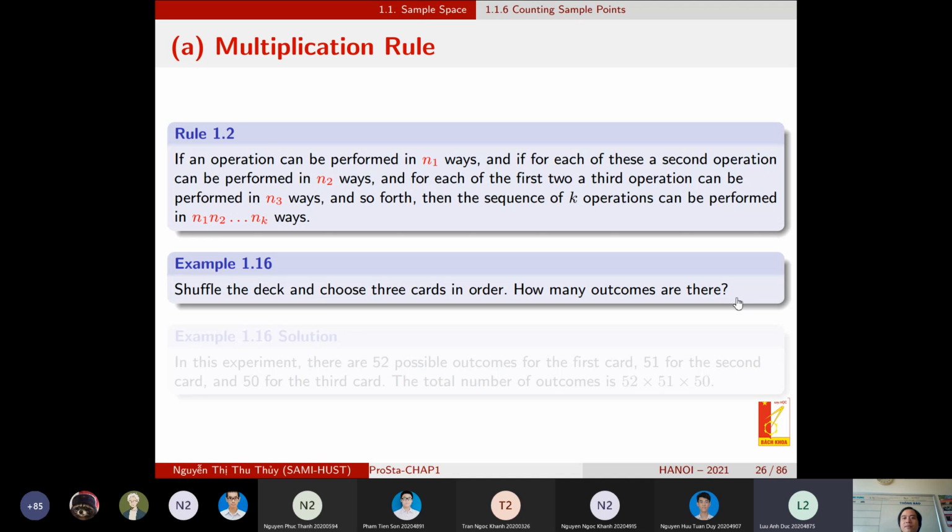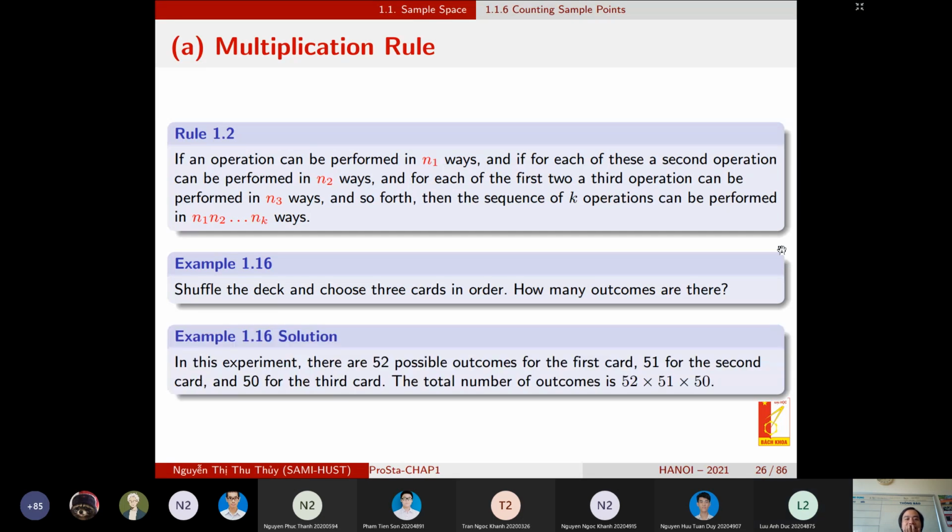We have 52, multiplied by 51, and multiplied by 50. Yeah, that's the correct answer. So we have 52 possible outcomes for the first card.